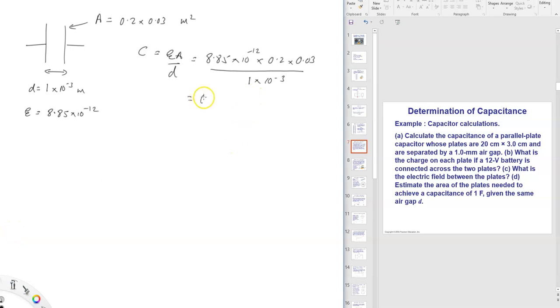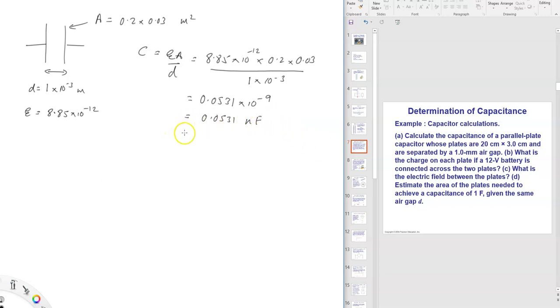I have 0.0531 times 10 to the negative 9, so that's 0.0531 nanofarads.